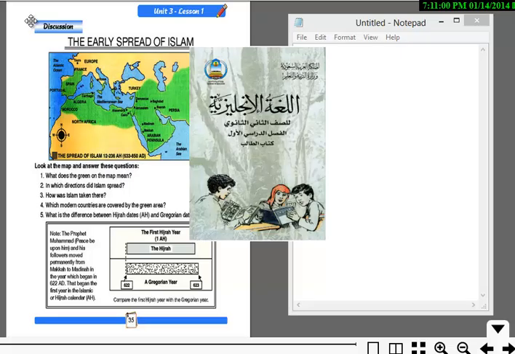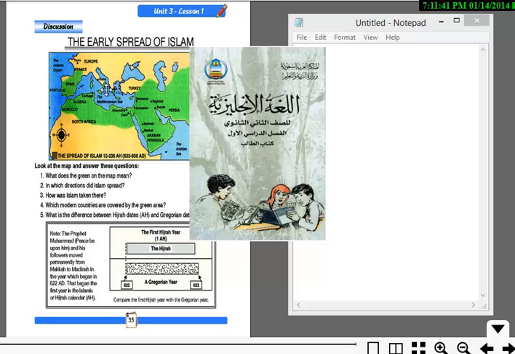As you can see here, there's this map where the three continents meet: the African continent, Asia, and Europe. And you can see this is the MENA region, or Middle East. There is Spain here as one country, and let's get to recognize the other countries. There's Iran, Pakistan, some southern Eastern European countries, and then there are the Gulf GCC countries, and there is Egypt, Syria, Palestine, and Turkey here.